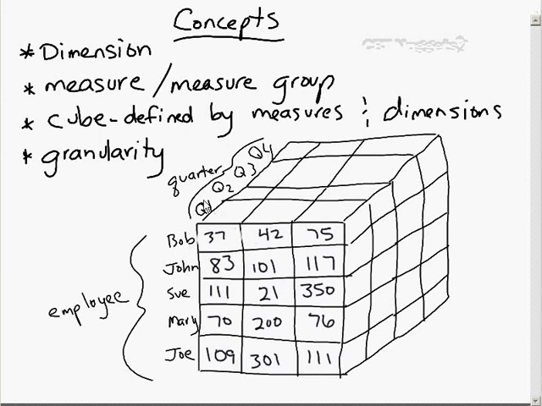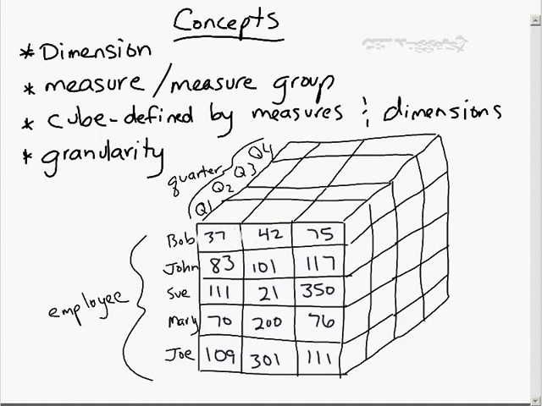That's my quarter dimension. And then we also have some numerical information, which is what we call our measure. You can group your measures into what we call measure groups. We'll cover an example of that in one of our later nuggets. So when we use the term cube, think of a cube as just being defined by the measures and dimensions. It's the combination of those two.